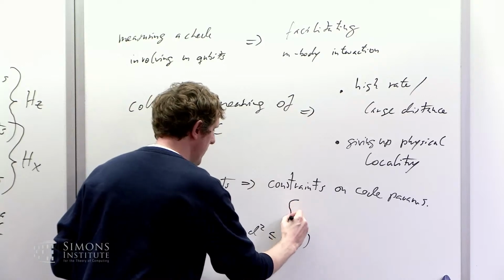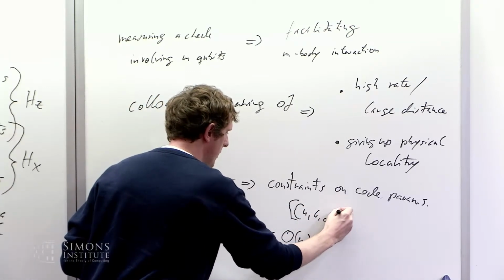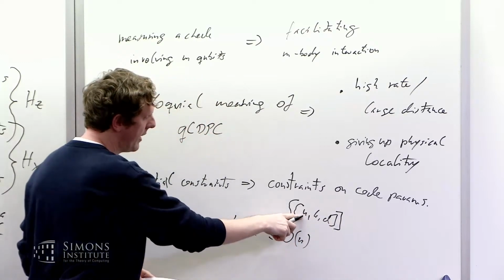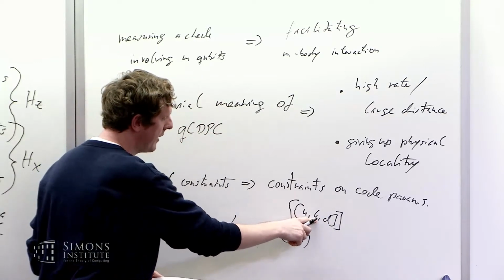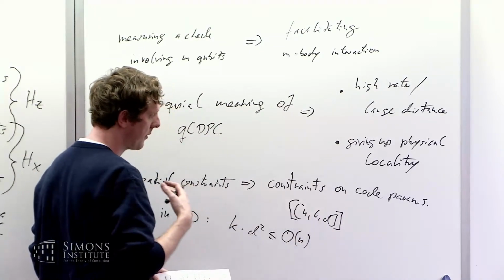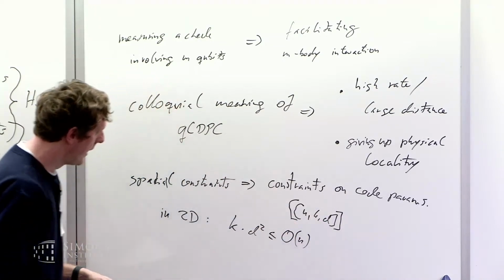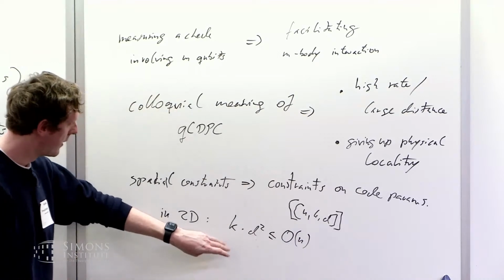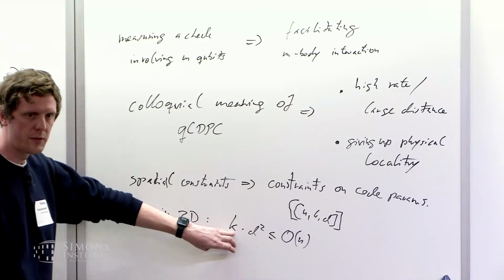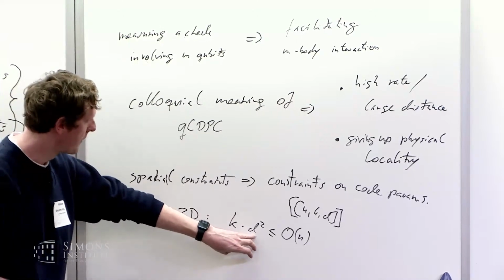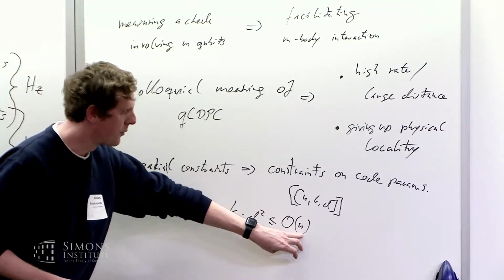Remember, every code comes with 3 parameters, n, k, and d. n is the number of qubits we have, the ones we encode into. k is the number of logical qubits, the degrees of freedom that we encode. And d is the distance. If you remember from John's talk, for the toric code, k was 2, just a constant, and on an L by L lattice, d was L, and the total number of qubits was 2 times L squared.